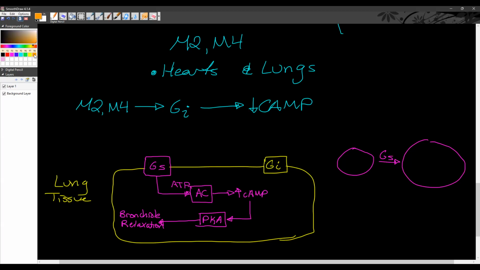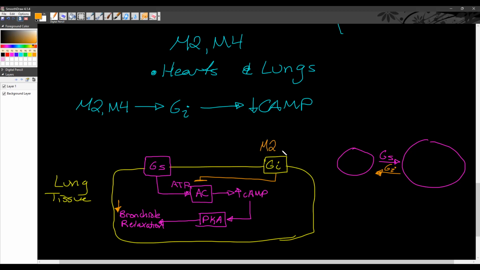What's going to happen with GI is we know that GI inhibits adenylate cyclase, right? So you're going to end up decreasing bronchial relaxation, which is going to end up looking like constriction. Okay.